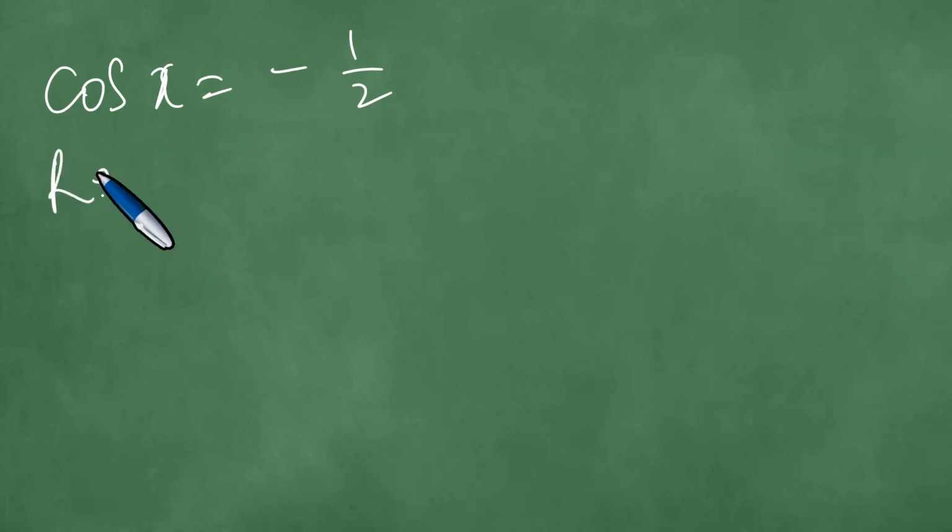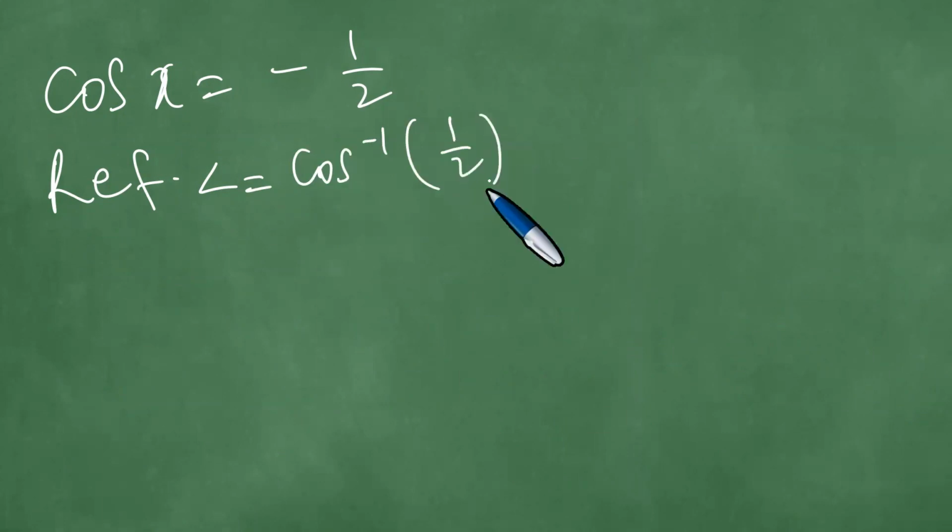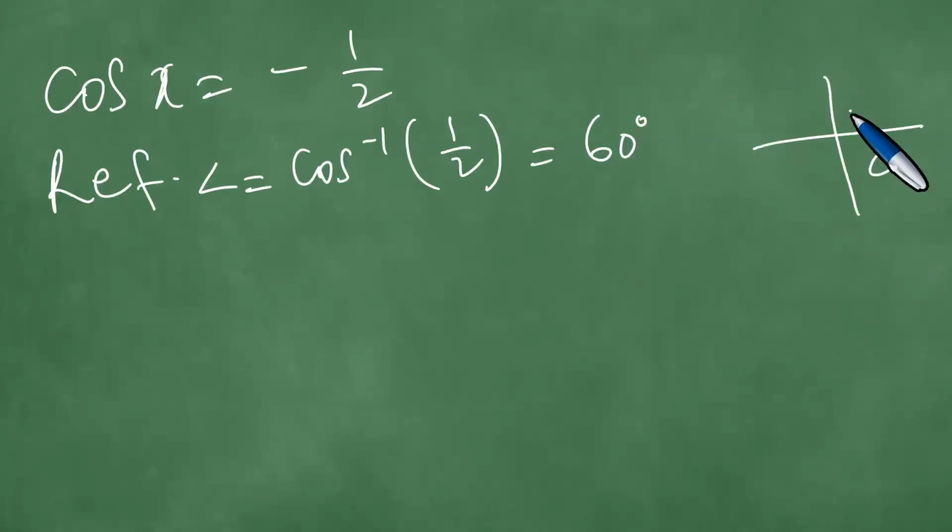First, we find what we call the reference angle, which is arc cosine of the positive 1/2, which is 60 degrees. And so we realize that, in view of the CAST diagram, or the CAST rule, the cosine is negative. In which quadrant is it negative? It is negative in 2 quadrants.